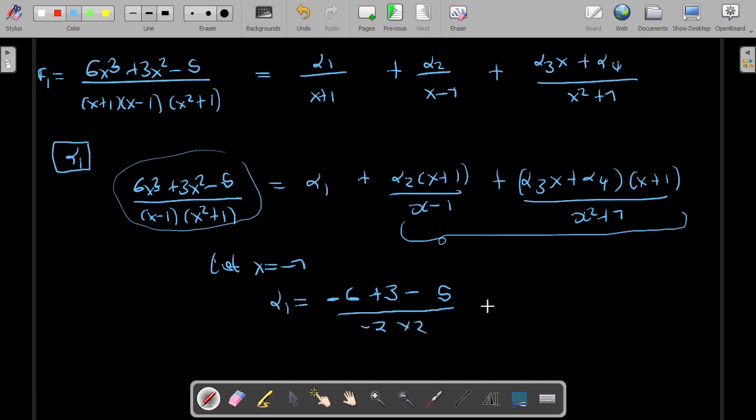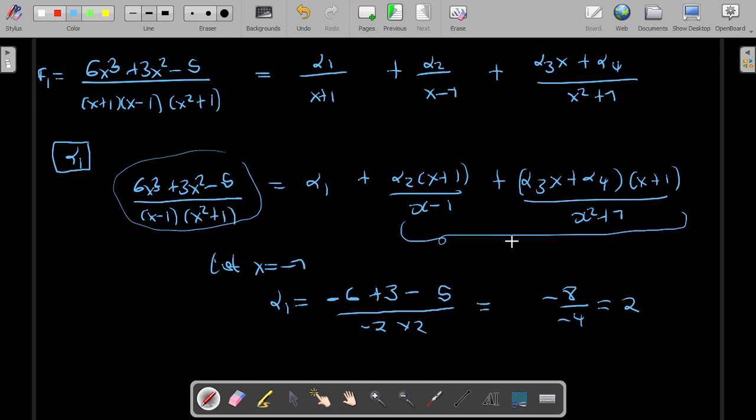Now this is going to be equal to, -6 plus 3 is -3, and then -3 minus 5 is -8, and then -2 multiplied by 2 is -4, and so alpha 1 is going to be equal to 2. So we get that alpha 1 is equal to 2, right?